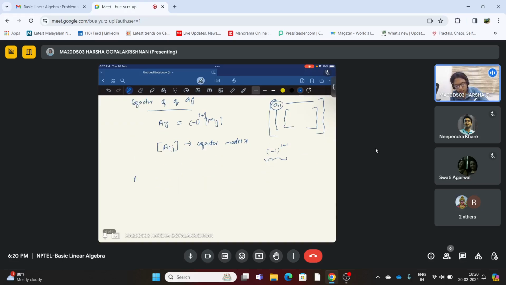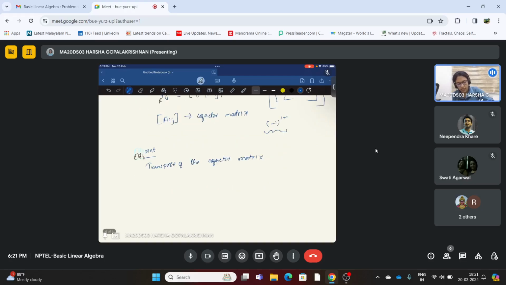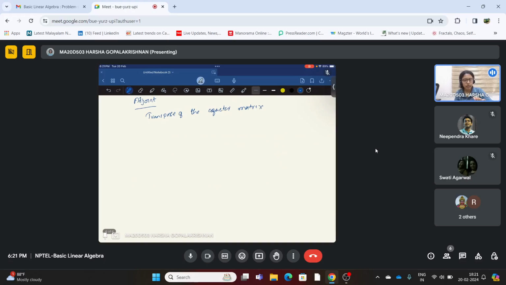Now adjoint is nothing, just take the transpose of the cofactor matrix. Okay, so these are all the things we have here.